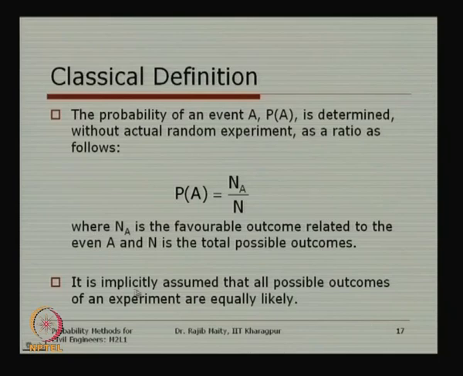It is implicitly assumed in this definition that all possible outcomes of a particular experiment are equally likely. Coming to the throwing of a dice example, any integer number from 1 to 6 can be the outcome, and all these outcomes should be equally likely.